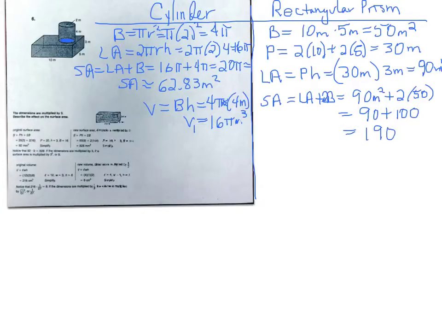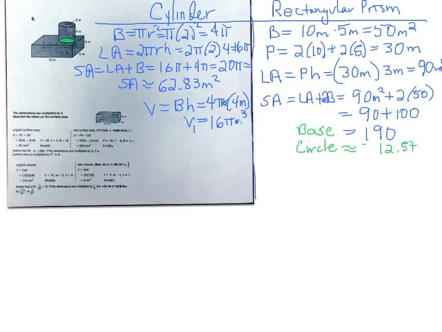And now I'm going to subtract the area of that circle, the base of the cylinder, which was 4 pi. When you put that into the calculator, you were supposed to have 12.57.